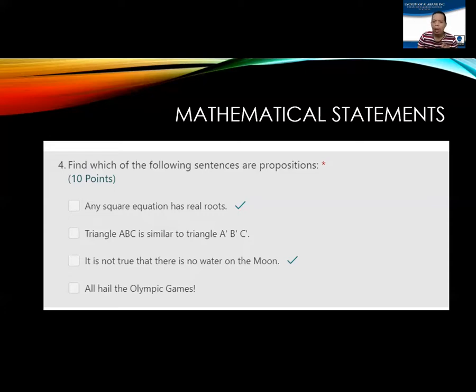Therefore, we still have to determine whether it is congruent or not. And it is not clear in the sentence whether they are congruent or not. Therefore, this is not a proposition. There is something missing with regards to the truth value.